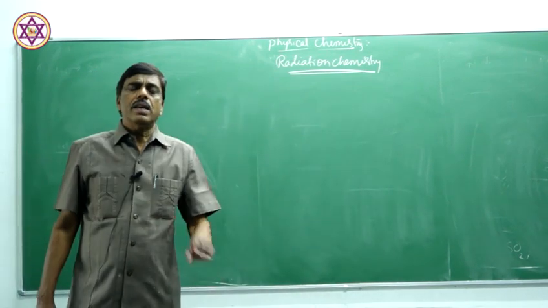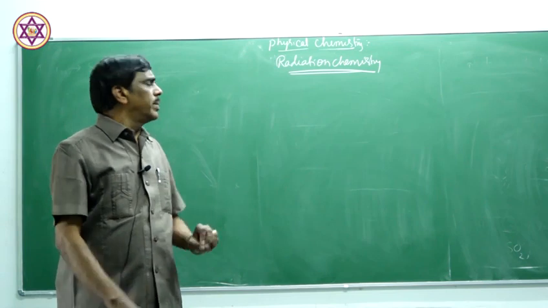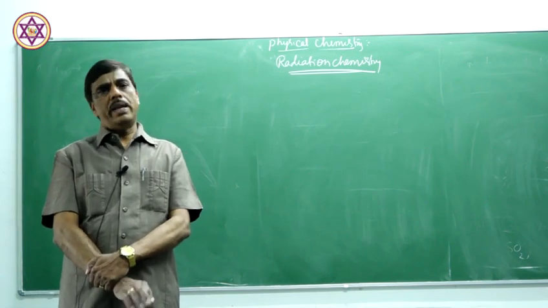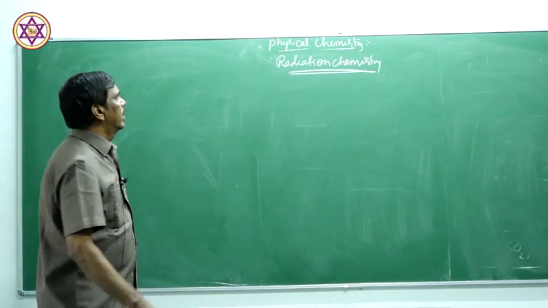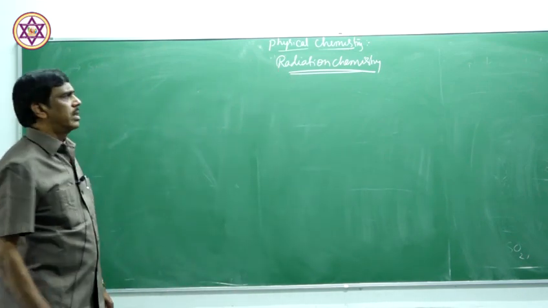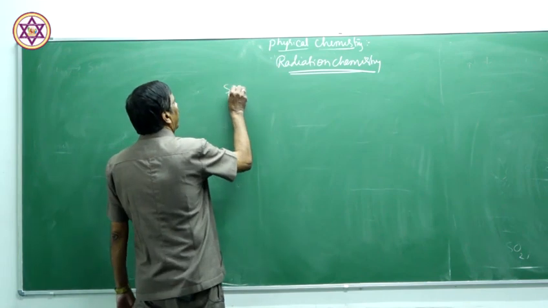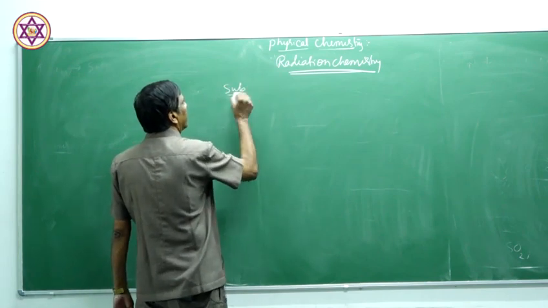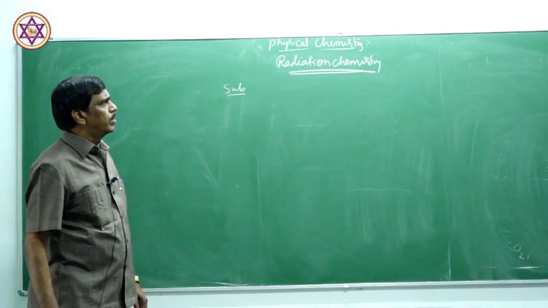Now, after completing photochemistry in this physical chemistry branch, let us start another topic, radiation chemistry. Radiation chemistry is a branch of physical chemistry which deals with the reactions that take place when high energy radiation is irradiated on a substance.